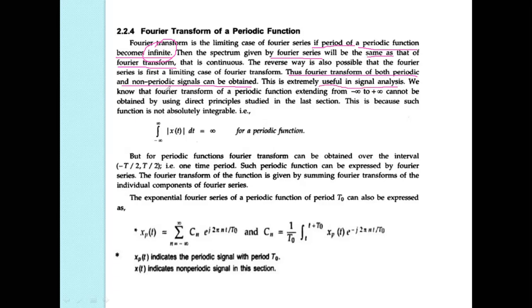We know that the Fourier transform of a periodic function extending from minus infinity to infinity cannot be obtained by using the direct principles studied. This is because such a function is not absolutely integrable. Why?